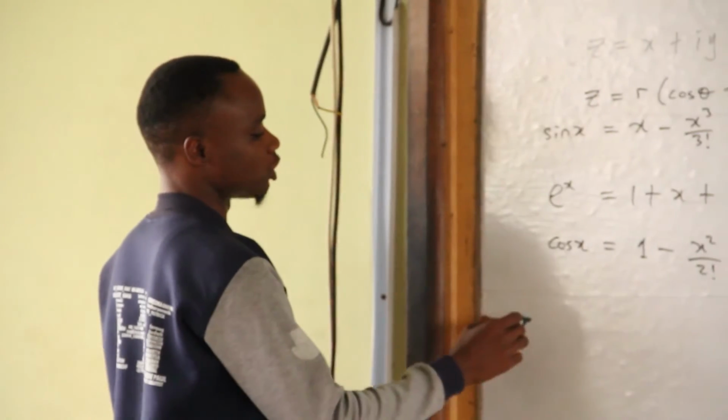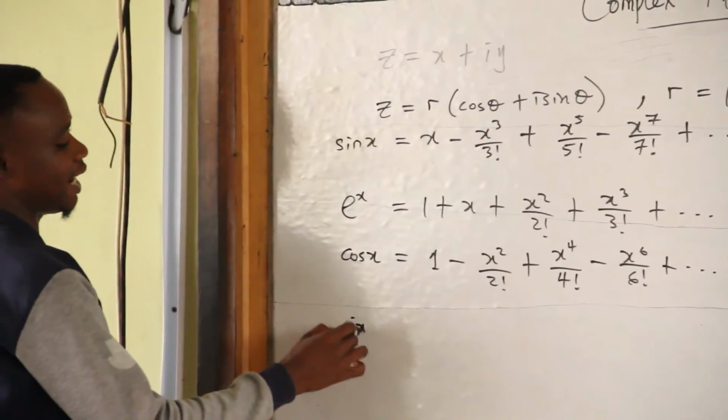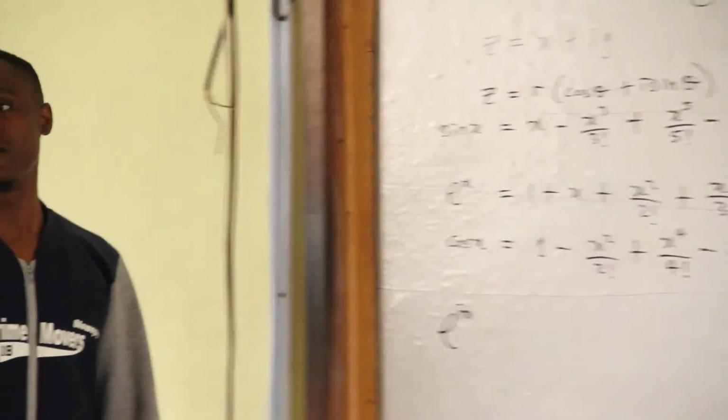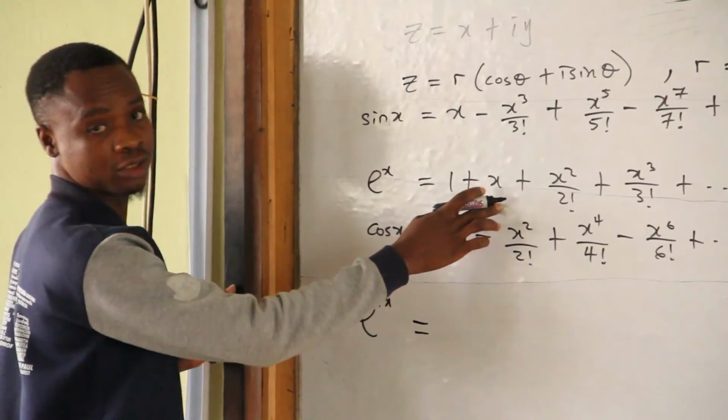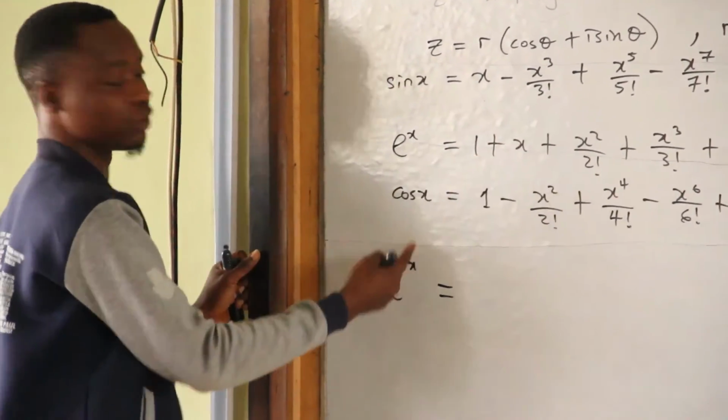So now you do e raised to power ix, where i is the complex coefficient, the square root of minus 1. What do you think this is going to give you? Whenever you have x, you put in ix.